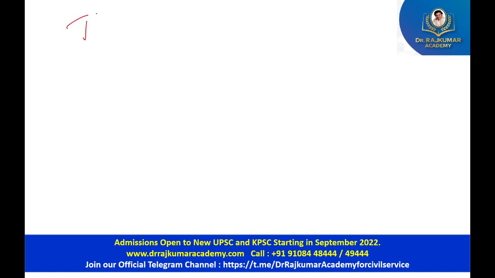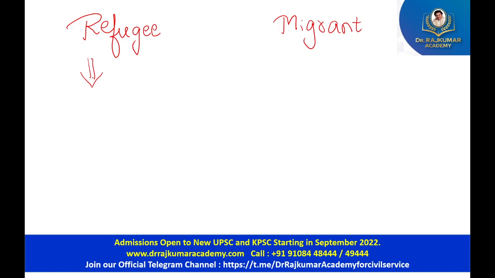So, guys, before we get into this, I want you to look at the terms refugee and migrant. I have two terms, refugee and migrant. If any person moves out of a country because of fear of persecution, then he is called a refugee.